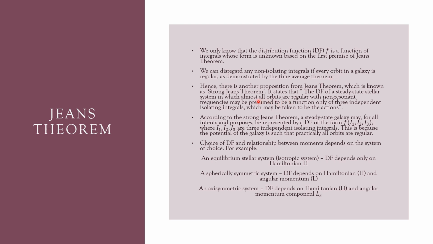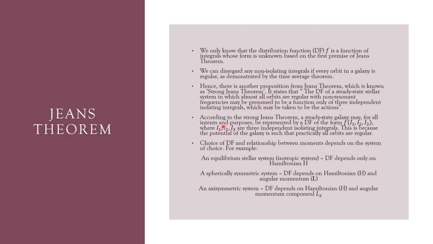This leads us to another proposition arising from Jeans' theorem, the strong Jeans theorem. This theorem states that the distribution function of a steady-state stellar system where almost all orbits are regular with non-resonant frequencies can be presumed to be a function only of three independent isolating integrals. These integrals, known as actions, encapsulate the essential dynamics of the system.